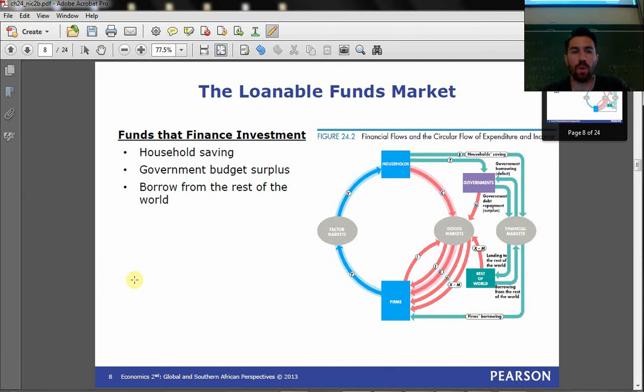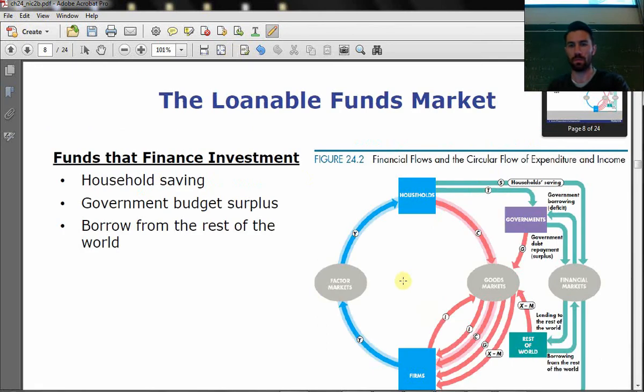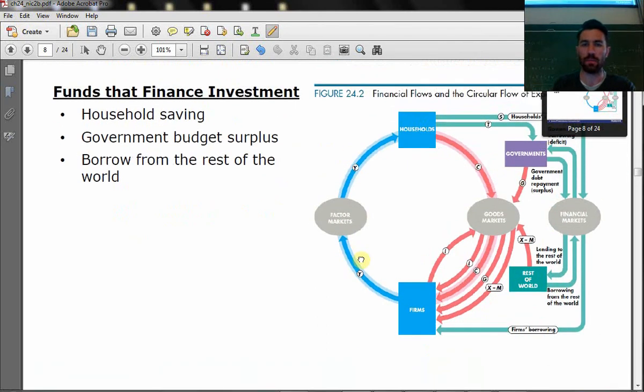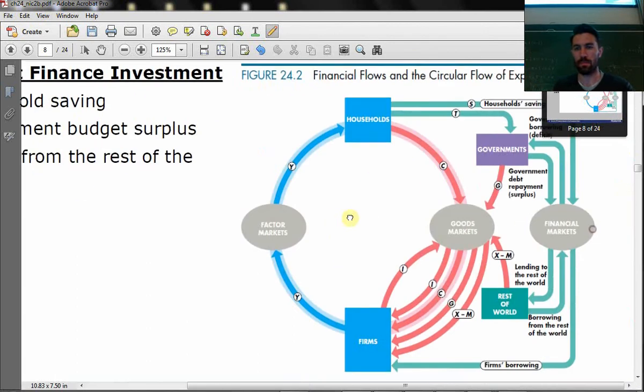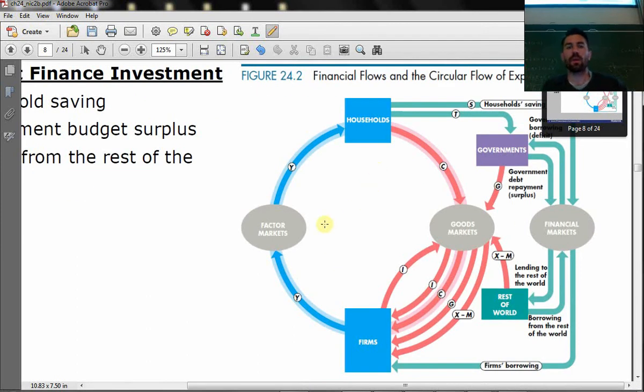So just to bring this all back to our diagram that we saw in chapter 21. Remember, households are going to be lending money through financial markets. That's what we're dealing with here, financial markets.